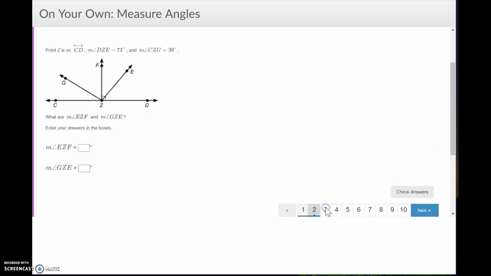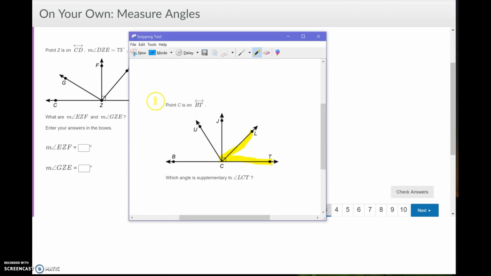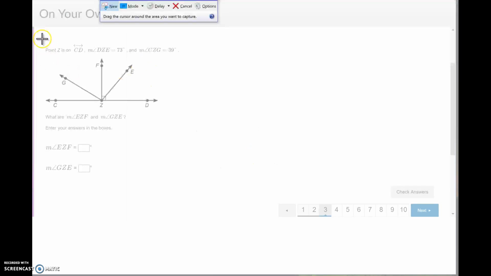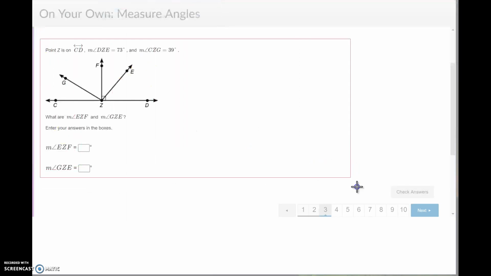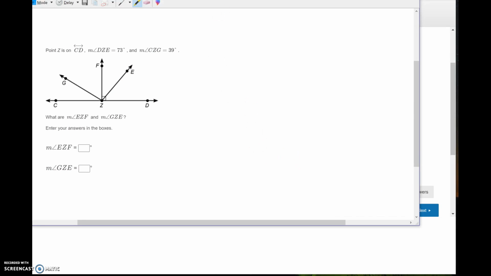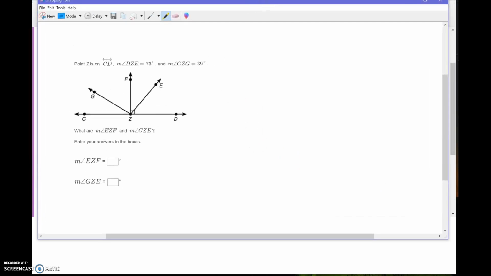All right. Now we're going to take a snip because we got to write in some info. All right, here we go. So it tells us that Z is a point on line CD.